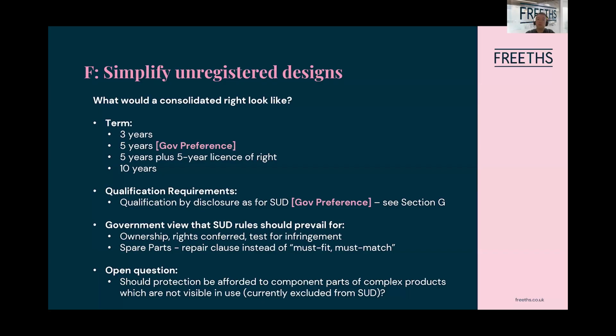That sits somewhere between the 3-year period from disclosure granted to SUD and the 10 years from first putting a design on the market, or 15 years from first documenting a design, for UK UDR. There are other options, as you can see: 3 years, 5 years, 5 years plus a 5-year license of right, or 10 years, that are all in the consultation the government is seeking views on. But at the moment, their preference is for a 5-year term.